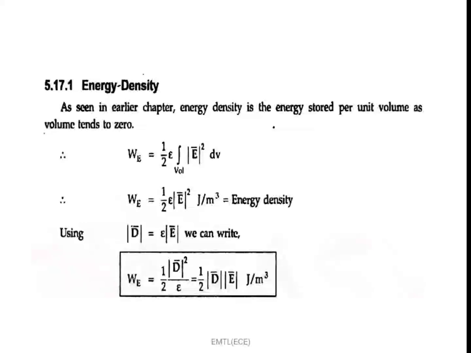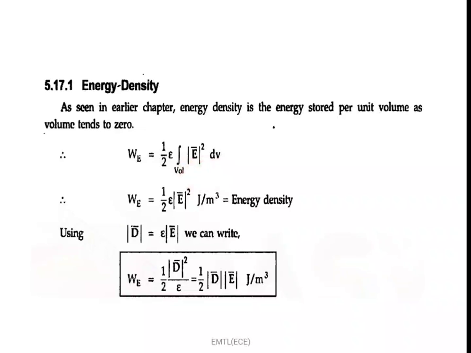So this is the expression for the energy stored in a capacitor, that is WE is equal to 1 by 2 epsilon integral of mod of E bar square dV. Now mod of E bar square is constant, so write it before the integration.